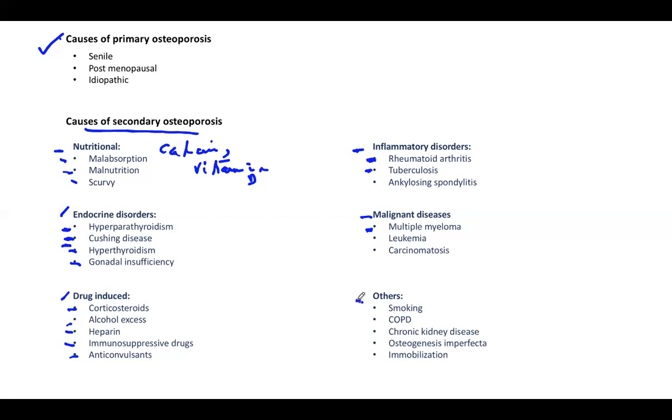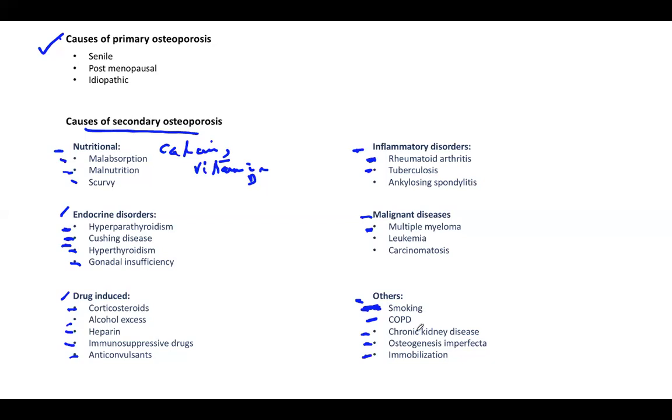Then others are CKD, immobilization, osteogenesis imperfecta, smoking. Smoking is also an important cause. We should know smoking causes osteoporosis; we can come across it quite often. So these are the causes. We should know the difference between primary and secondary osteoporosis, and causes like a few nutritional causes, and then endocrine and drug-induced.